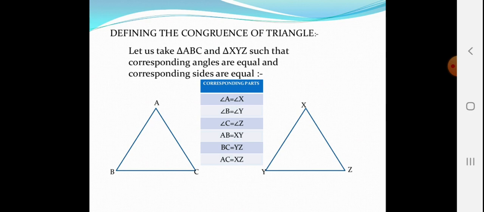Now let's take triangle ABC and triangle XYZ such that corresponding angles are equal and corresponding sides are equal.